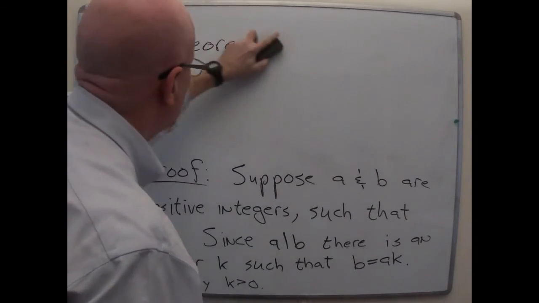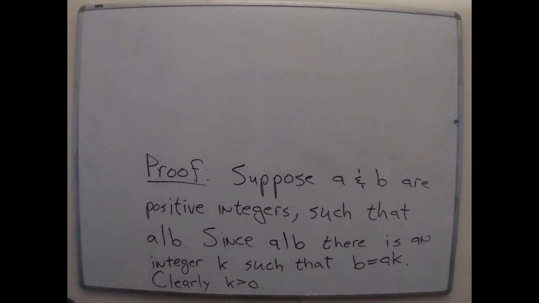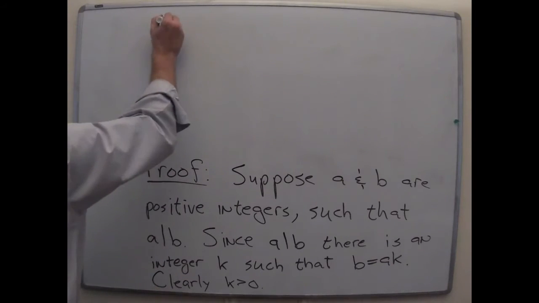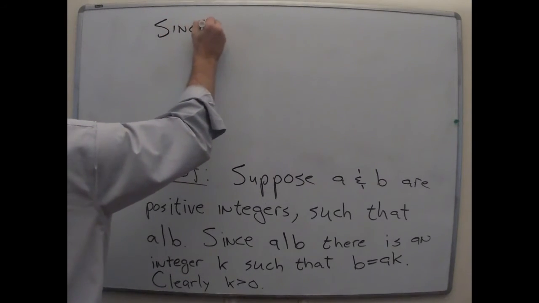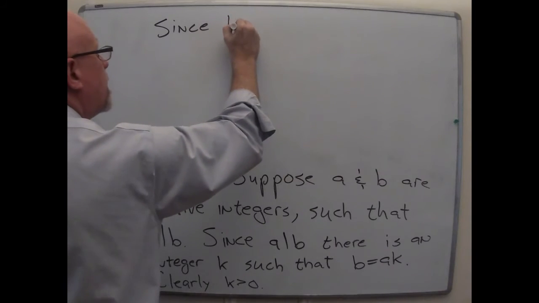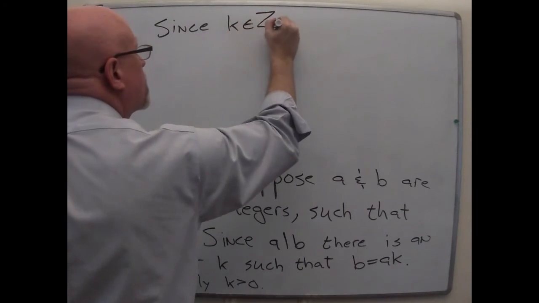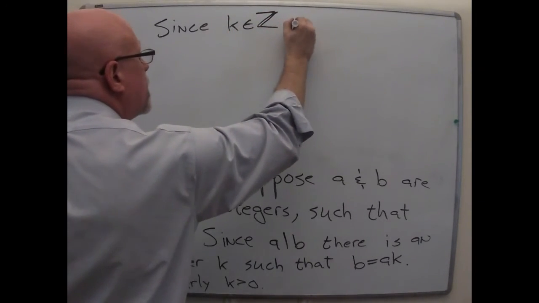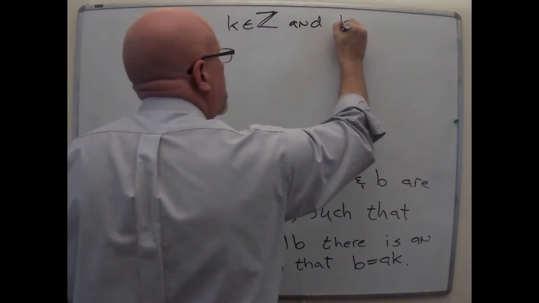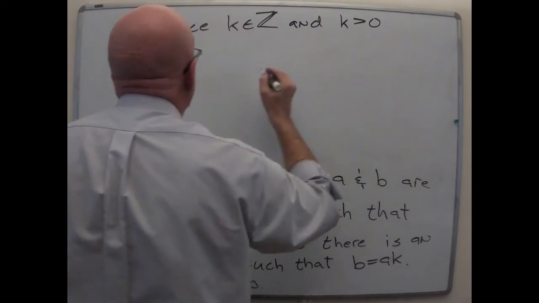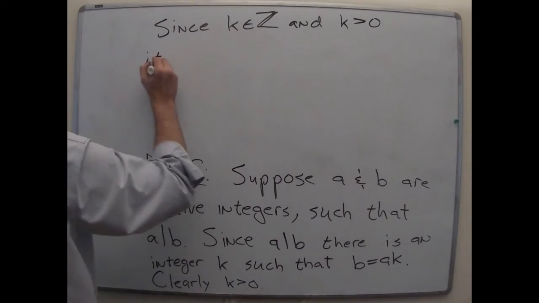Well, that's interesting because K is an integer and it's bigger than 0. Collecting those two facts together, K is an integer and K is positive. It follows that K is greater or equal to 1.